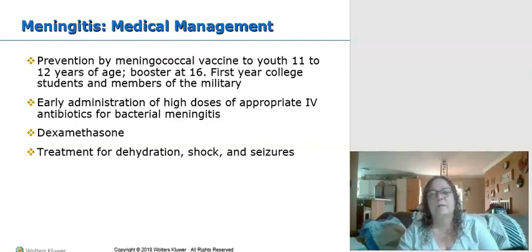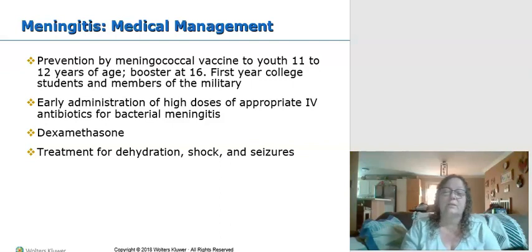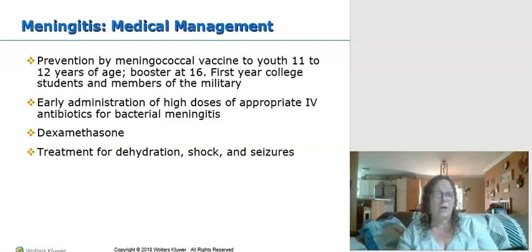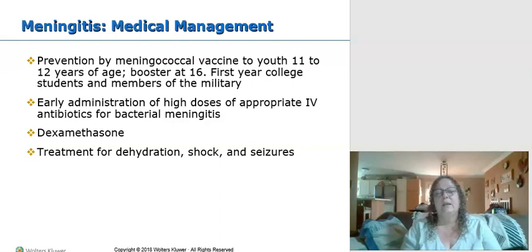If we can't prevent it, the other management is early high doses of appropriate antibiotics for a bacterial meningitis. They may do acyclovir, so that's an antiviral for management of viral.